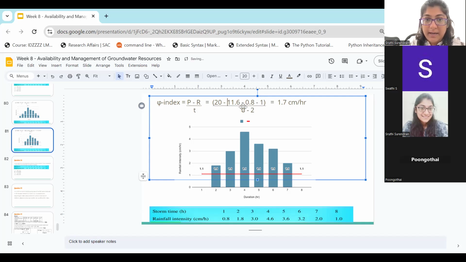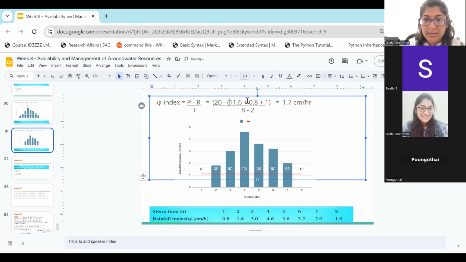Or if you're removing the bracket, you can write it like this, plus. Do you get my point? Okay, thank you. So that is how this calculation comes.